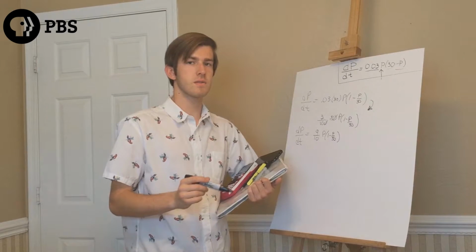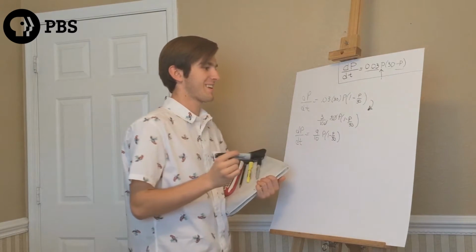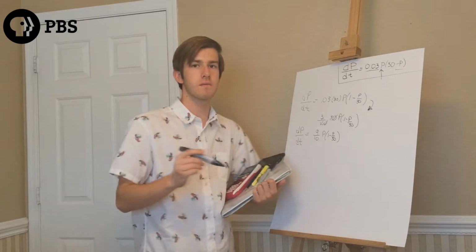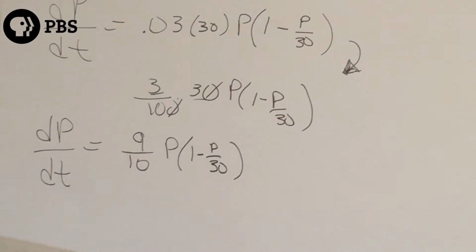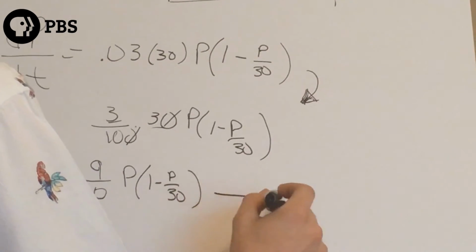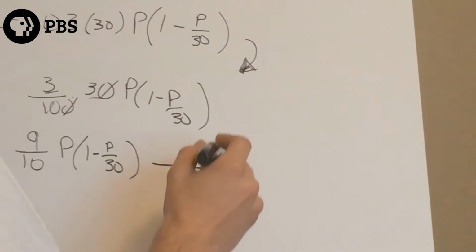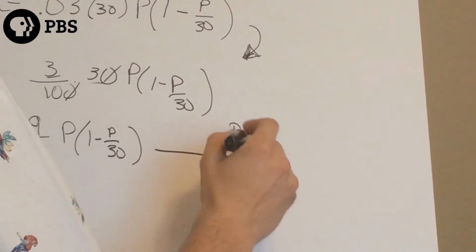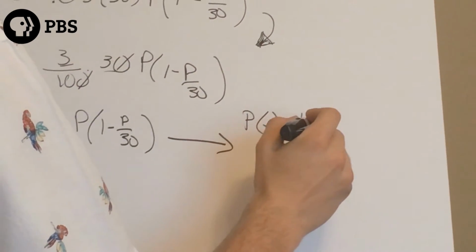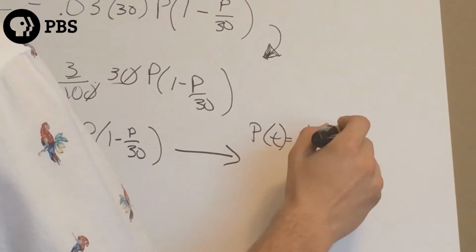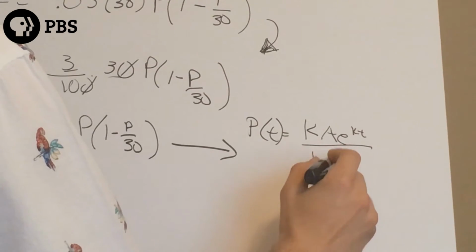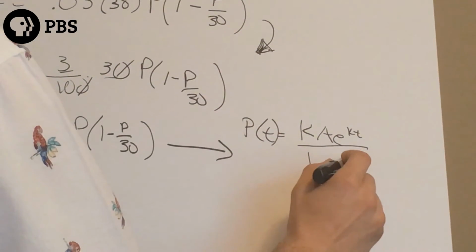Now that we've successfully simplified our differential equation, we can apply it to find the general solution to this equation. But let's take a second and remember our equation for solving the differential equation. We know that P of t equals K times A e to the kt over 1 plus A e to the kt.